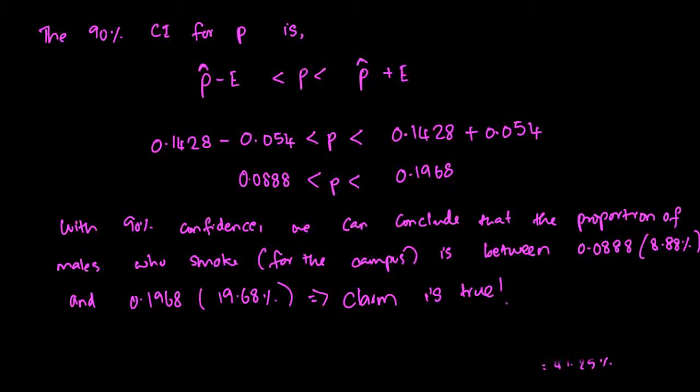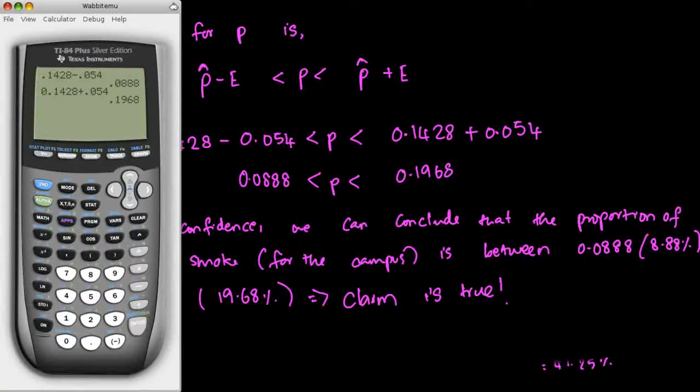But if you wanted to use the calculator, you can obtain the interval with the aid of the calculator, and the calculator is going to do everything for you. So press stat, go over to tests, and you scroll over.